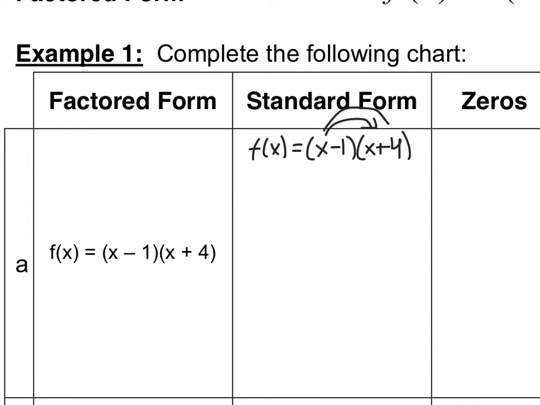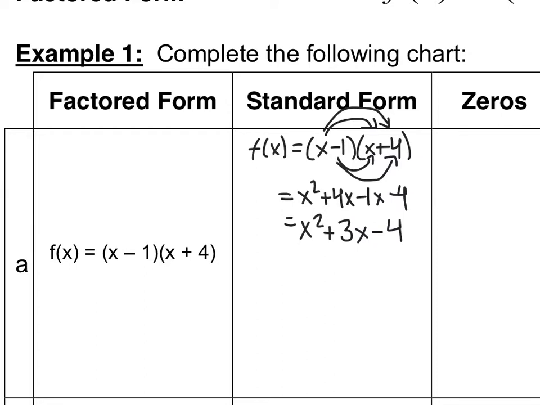So x times x, times 4, negative 1 times x, negative 1 times 4. We'll collect the like terms. And so right now we can see side by side our standard form and our factored form.